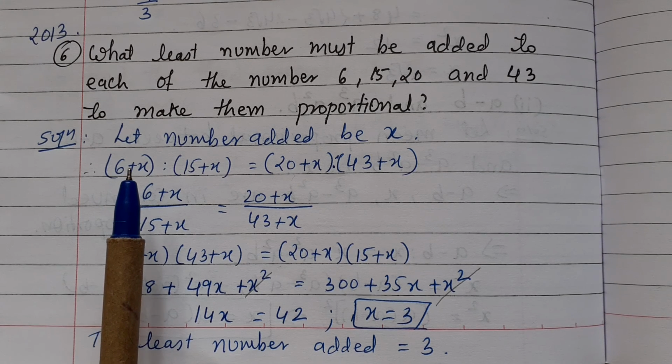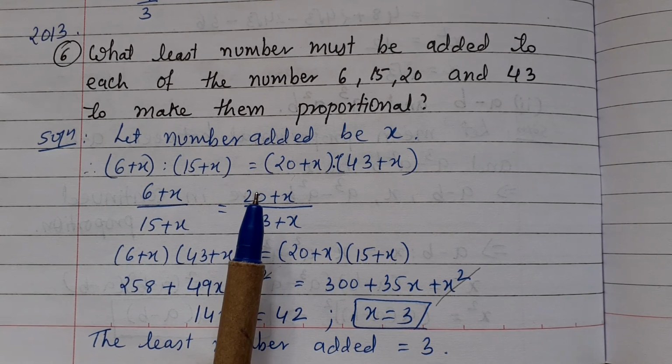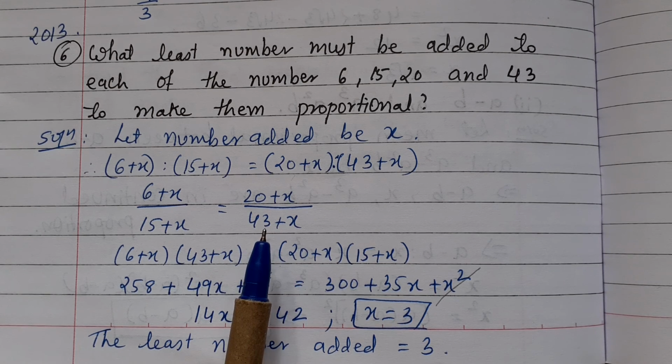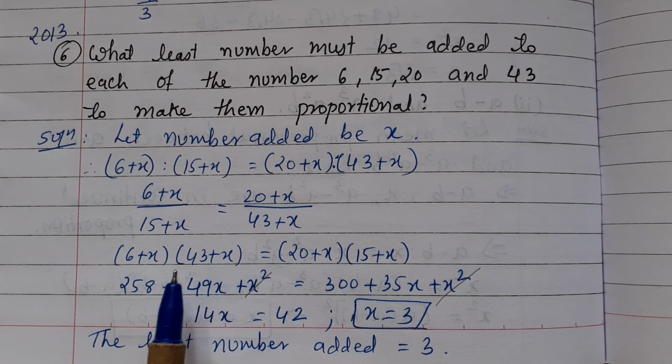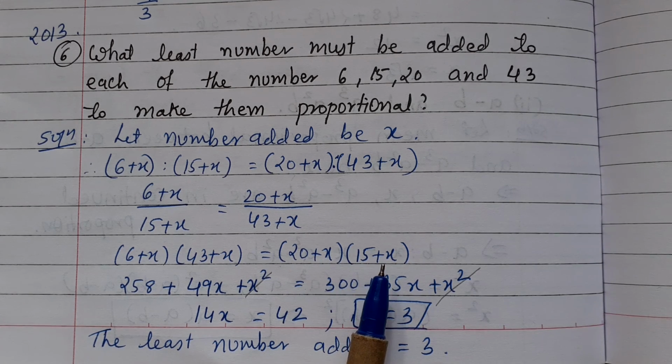Therefore, 6 plus x upon 15 plus x equal to 20 plus x upon 43 plus x. Cross multiply, 6 plus x into 43 plus x equal to 20 plus x into 15 plus x. Open the bracket. 258 plus 49x plus x square equal to 300 plus 35x plus x square.